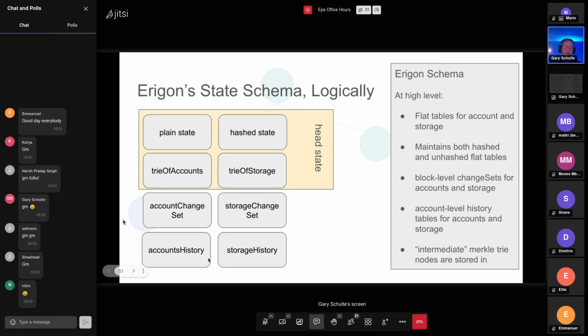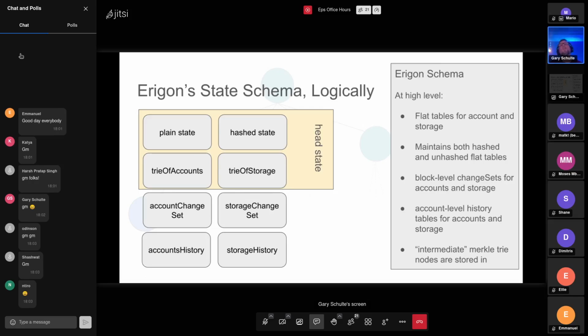If you want to see what happened in that block, you would use these tables. If you want to see what the state of an account was at block 4, you would go to the history tables. The account history and the storage history are keyed by their account and their account storage slot. So if you want to see what the dead beef account looked like at block 4, you're going to go to the account history and say, give me the pre-image for this block at its closest time it was changed.